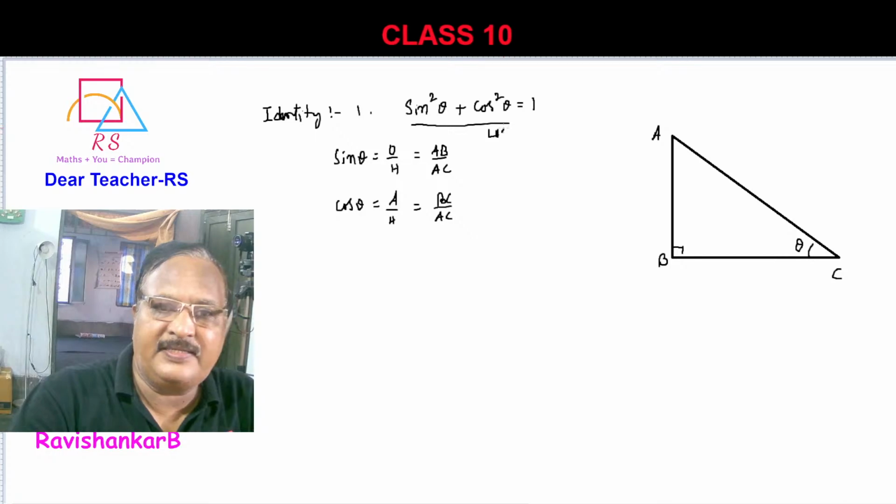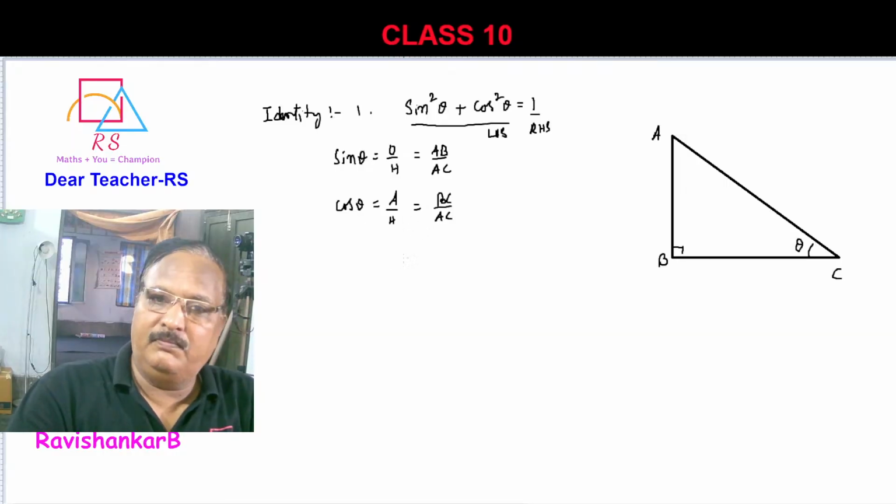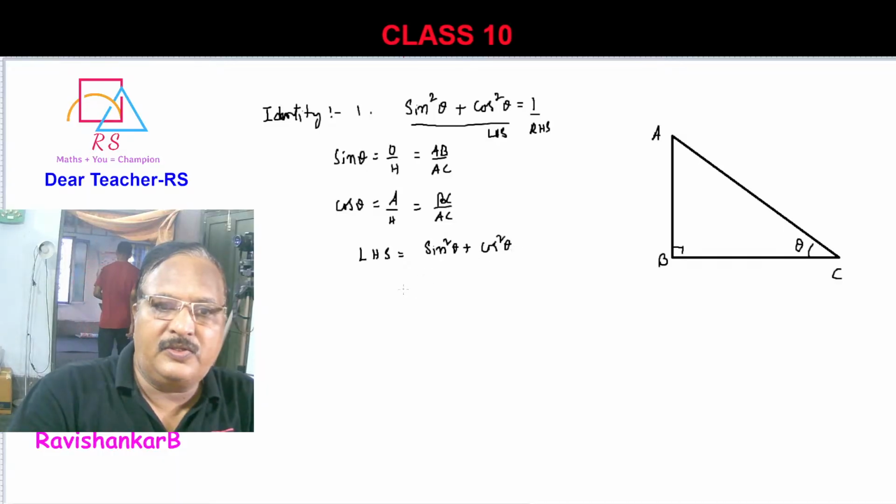Now in the identity, take the left hand side and substitute these values, and let us see whether we get the right hand side or not. The left hand side is sin square theta plus cos square theta. In this I put these two values.